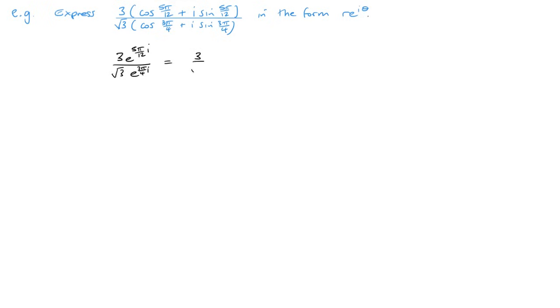That is 3 over root 3 e, taking the i outside the brackets, to the 5 pi by 12 minus 3 pi by 4. 3 over root 3 is simply root 3, and 5/12 pi minus 3/4 pi is minus 1/3 pi, so e to the minus pi over 3 i. That is now written in exponential form and simplified.